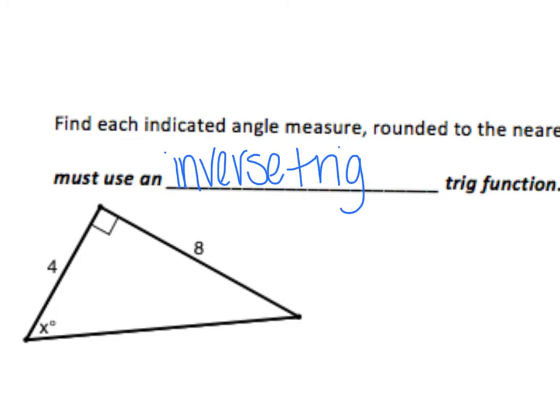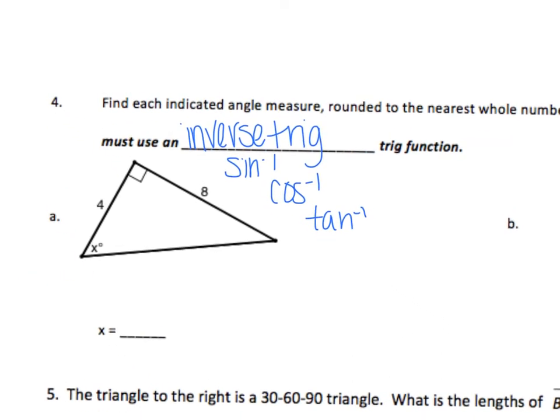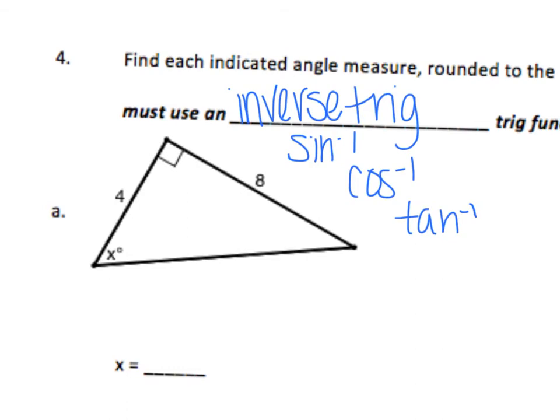So this is sine to the negative first, cosine to the negative first, or tangent to the negative first. That's how we know what an inverse function is. If we're looking at letter A, here's the angle that I need to find out. Drawing a line to the right angle is the adjacent. Across from the right angle is the hypotenuse, and the leftover side is the opposite.